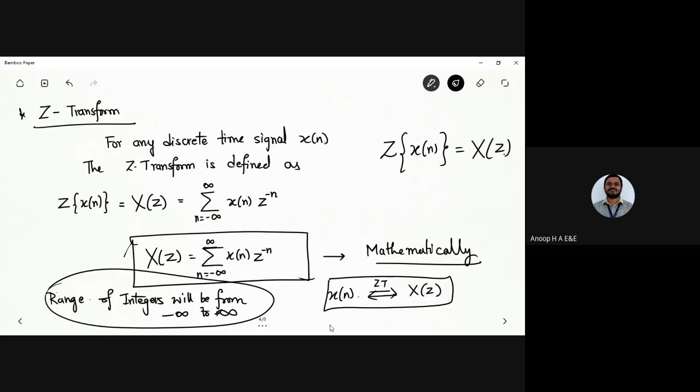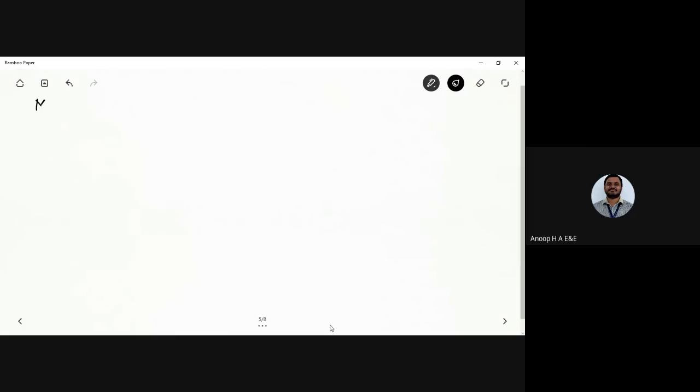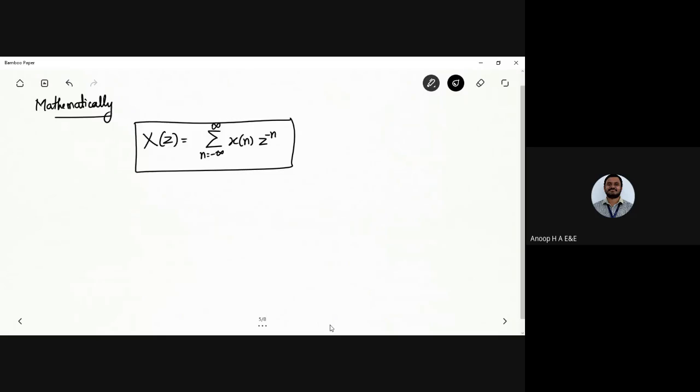So z is nothing but a complex variable. When I express it mathematically, the Z transform x of z equals summation n equals minus infinity to plus infinity, x of n, z power minus n.